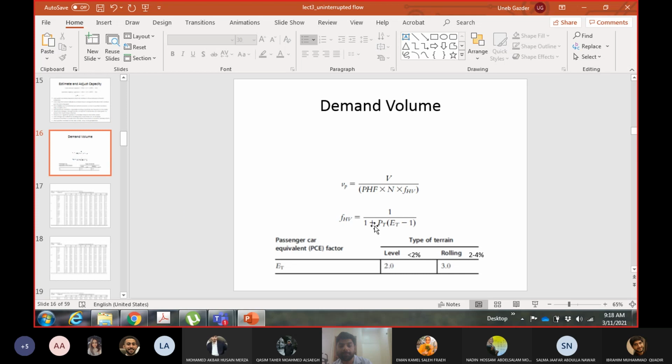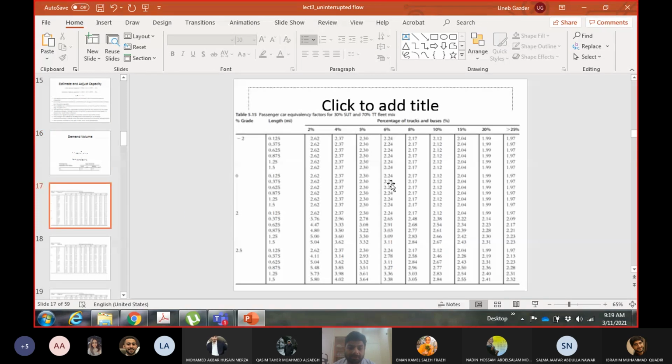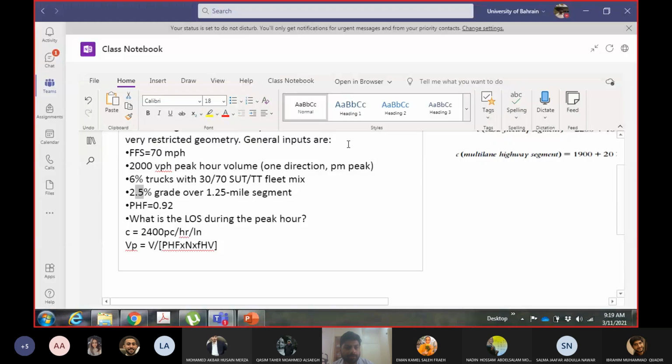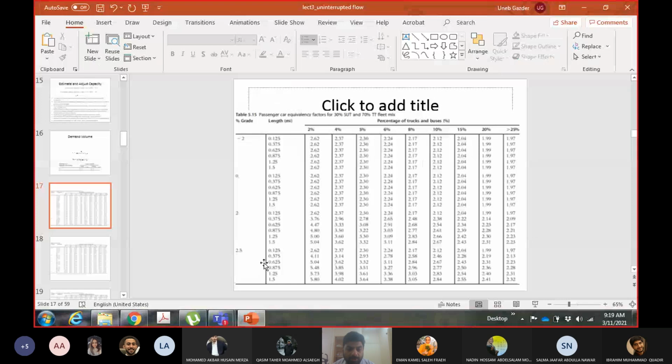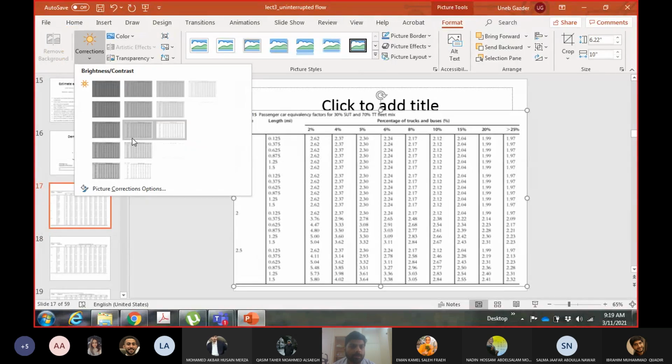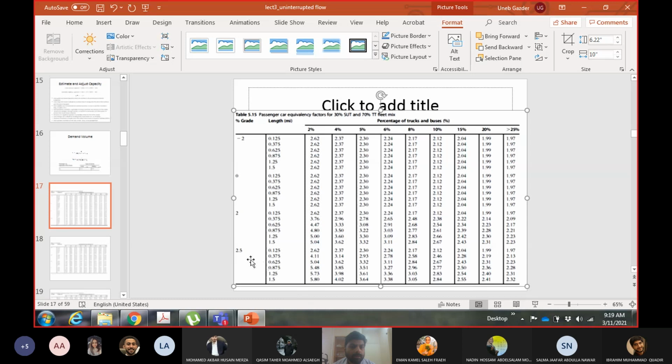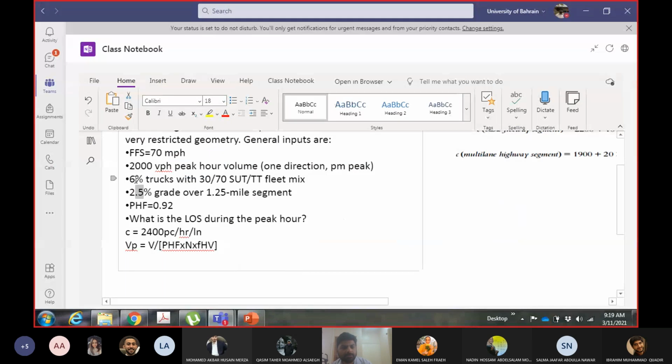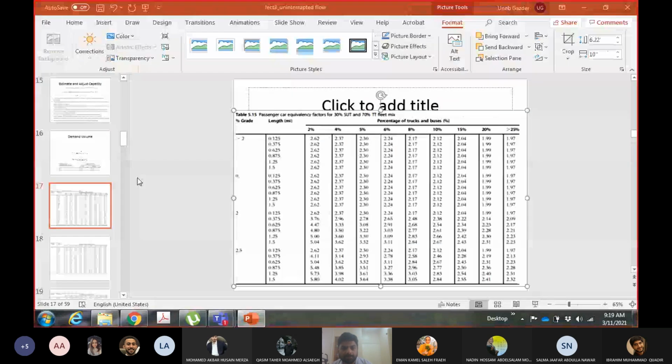Percentage of trucks PT, and for ET I'll go to this table which is for heavy mix. The gradient is 2.5%, and the length is 1.25 mile, and percentage of trucks is 6%.